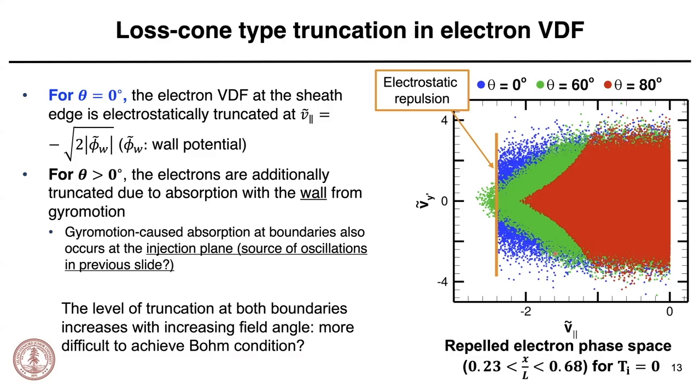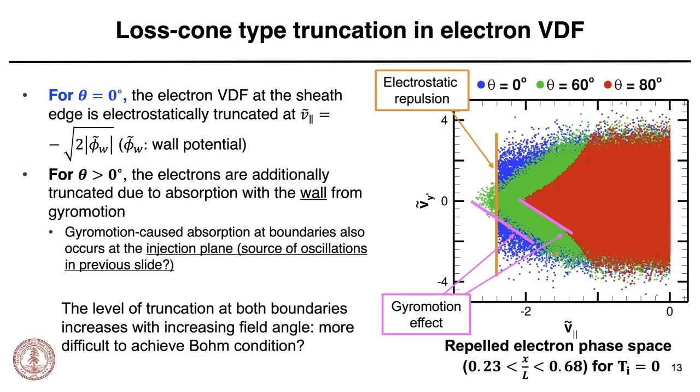Before these electrons can essentially be reflected by the sheath, due to their gyro motion, due to a certain finite Larmor radius, they'll essentially be absorbed by the wall before they can be repelled. And hence that's where we get this sort of cone-like structure that modifies the sheath edge VDF. And so we can see kind of physically where this is coming from.